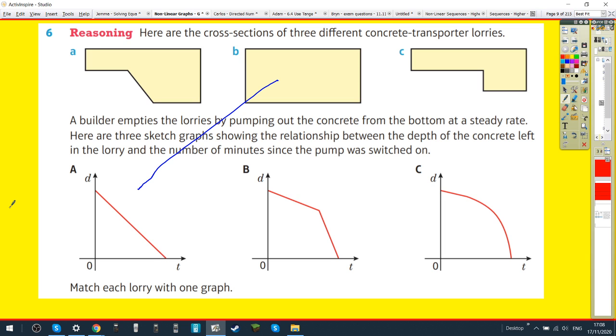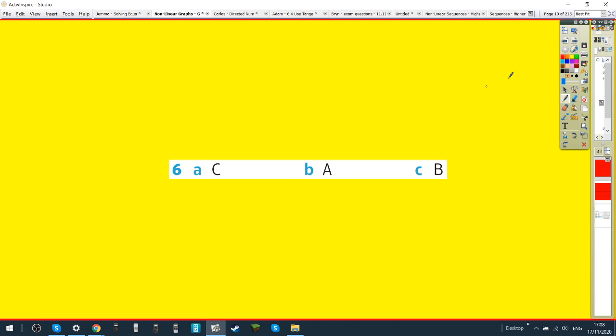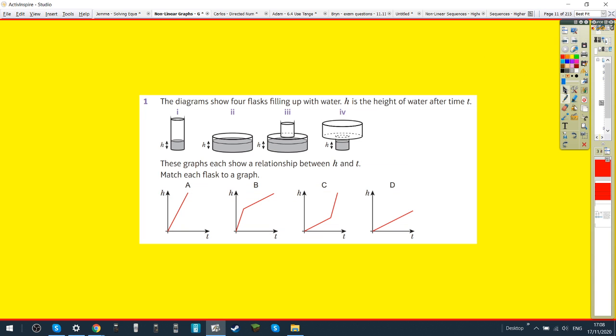Then is it A and B? So the graph B has a sudden change in it. The graph C has a gradual change. So C and B. So that goes there. Yeah, because that's a sudden instantaneous change. And so this one must be this. It's like gradually changing. CAB, that's it.